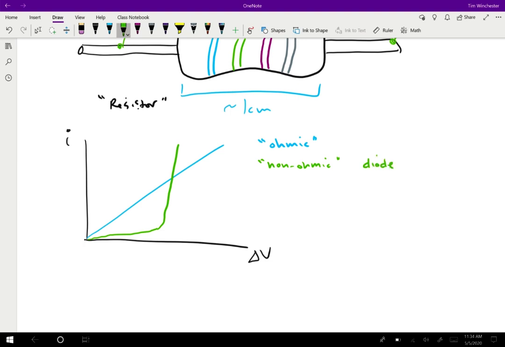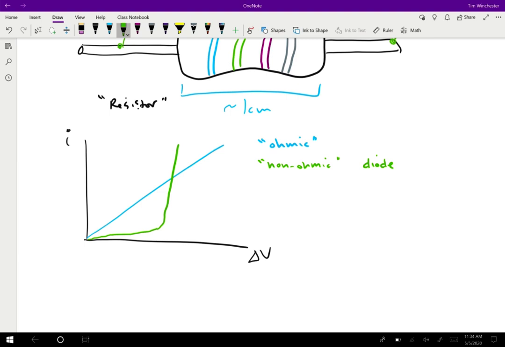So diodes are semiconductor devices, and essentially up to some special potential difference, basically nothing happens. There's what we call a threshold voltage in order to start to see anything interesting happen. So for potential differences less than the threshold voltage, you see nothing. Once you reach that, then you get interesting behavior.